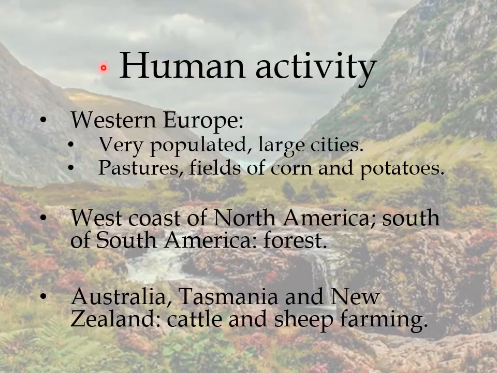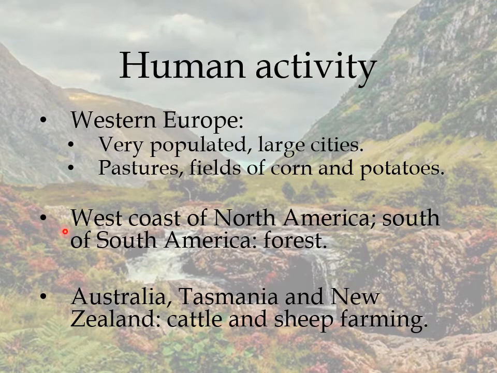Human activity in Western Europe then shows very densely populated areas with large cities occupied for hundreds or thousands of years, and when we do not have cities, pastures for the animals to feed, and fields of corn and potatoes to feed this population.